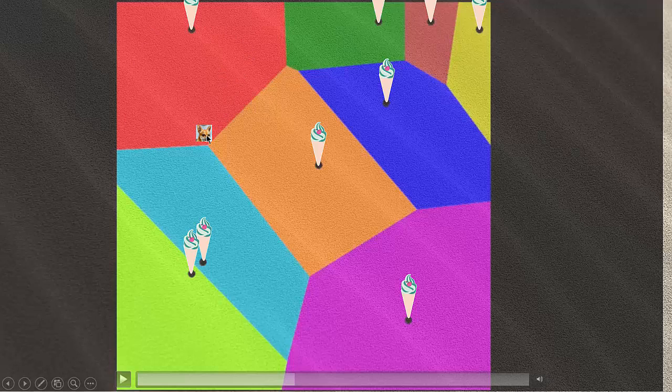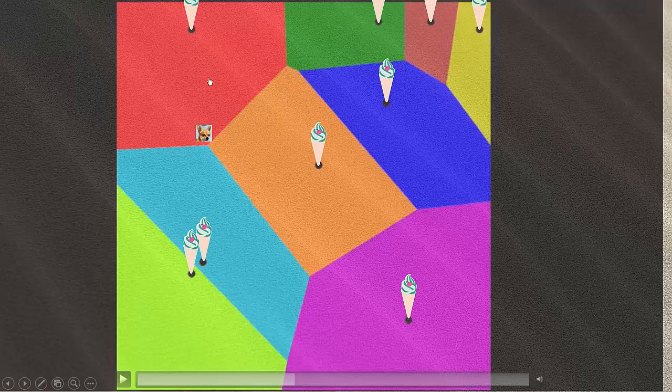So the dog will insist you to buy the ice cream from this stall. So these polygons represented here by different colors are called the Thiessen polygons or Voronoi polygons in mathematics.